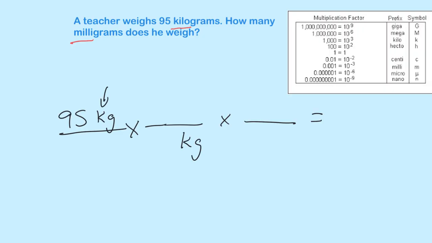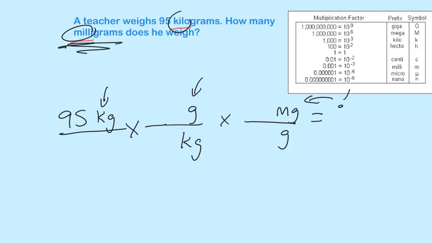And the next thing that you want to know is that anytime you're doing a prefix conversion like kilo to milli, you got to go to the base unit first, and that's grams. Grams has no prefix. That's why we call it the base. Okay. Now, if I have grams there, there needs to be grams there. And what the question's asking for is for us to convert it into milligrams. So again, whatever you're looking for, whatever it's asking in the question, that always goes there.